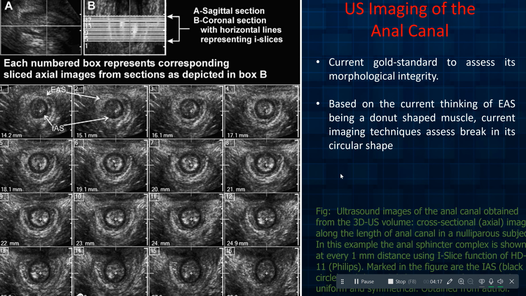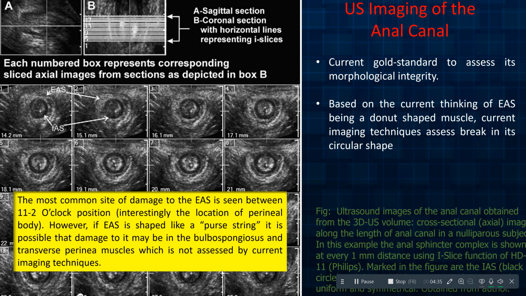What you see here is an ultrasound image of the anal canal using a 3D ultrasound volume. You see the cross-sectional axial images along the length of the anal canal every 1 millimeter. Each line corresponds to one of these images. The most common site of damage is in the middle here, at the 11 to 12 o'clock position. Interestingly, this is the area of the perineal body.